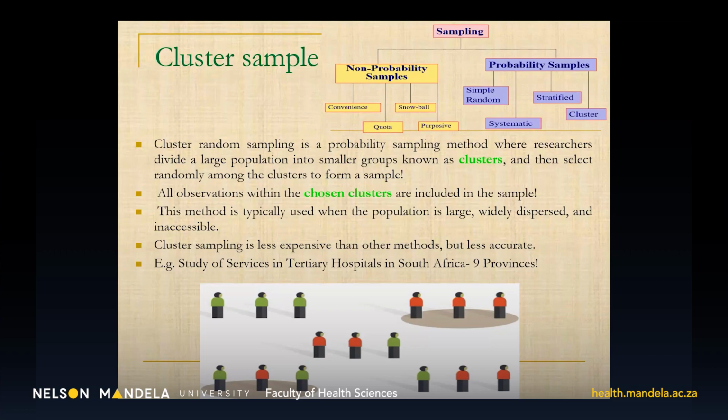Now, South Africa is huge. I'm sitting here at Nelson Mandela University, at the far corner of the country, but I want to understand how services are rendered to patients in tertiary hospitals in the country. So what do I do? I divide the country into the 9 provinces, because I know there are 9 provinces. That is not debatable.